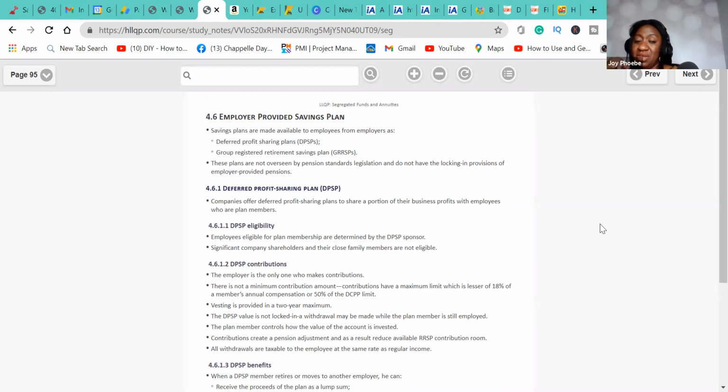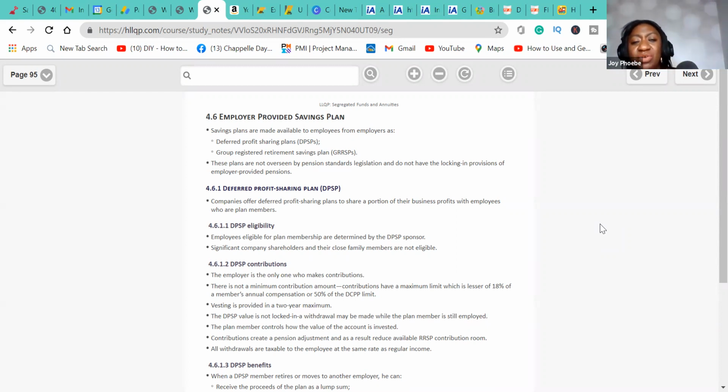Okay, those are the three. You might see questions that say the following are employer provided pension plans, except, requesting you to find the wrong answer. So don't miss that one. That should be the easy one to get right.